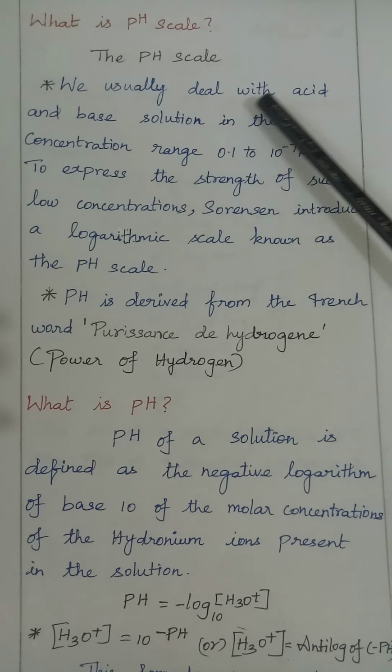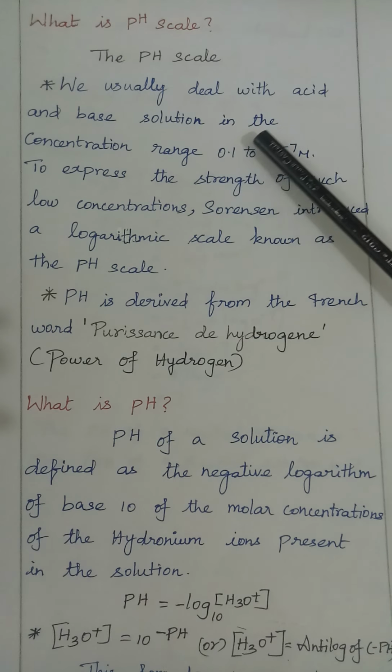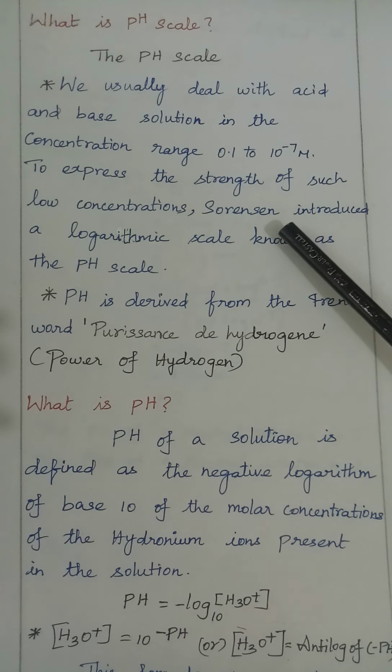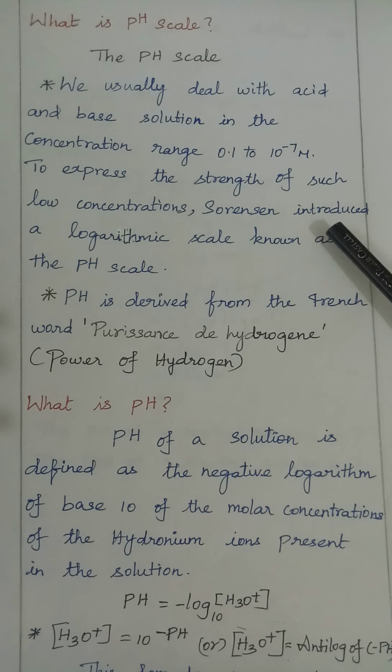We usually deal with acid and base solutions in the concentration range 0.1 to 10^-7 molar. To express the strength of such concentrations, Sorensen introduced a logarithmic scale known as the pH scale. Who introduced the pH scale? Sorensen.